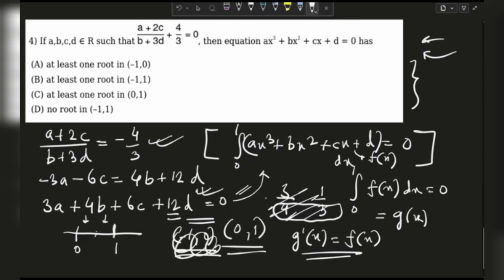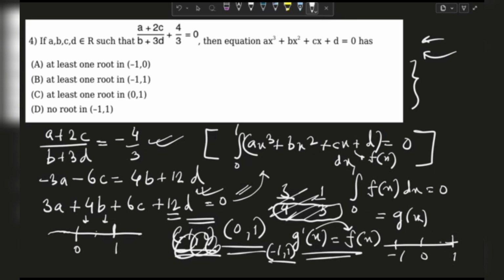Yeah, between 0 and 1 we will have at least one root. Now, if we look at this carefully, g dash x is your f of x. So now from Rolle's theorem, we can say that if there is one root in between 0 to 1, there has to be one root also in between -1 to 1. I hope you guys can understand, like -1, 0 and 1.